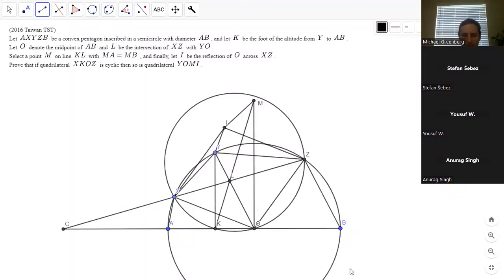Another thing I noticed is that CY is the tangent, but that is obvious because of the harmonic bundle thing, because then YK should be the polar of C. Yeah, because YK is perpendicular to CO. That makes sense.